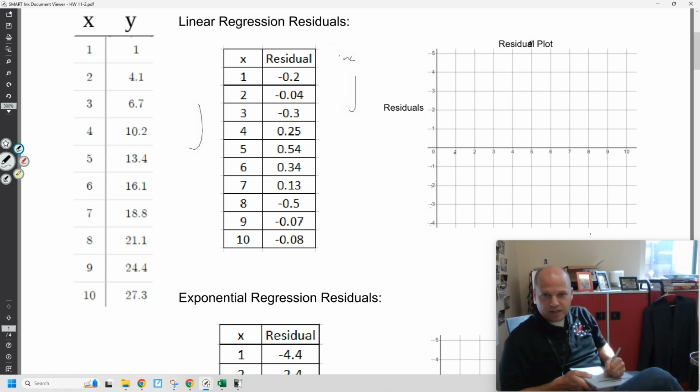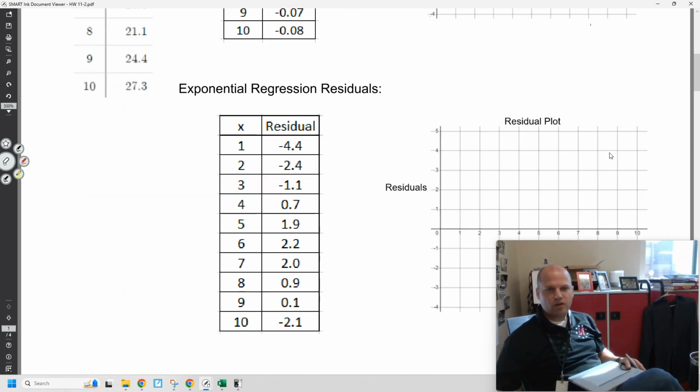I have barely any error. This is actually what I want. Just to show, you're close. We're really accurate. We have very small residuals, and it's kind of scattered.